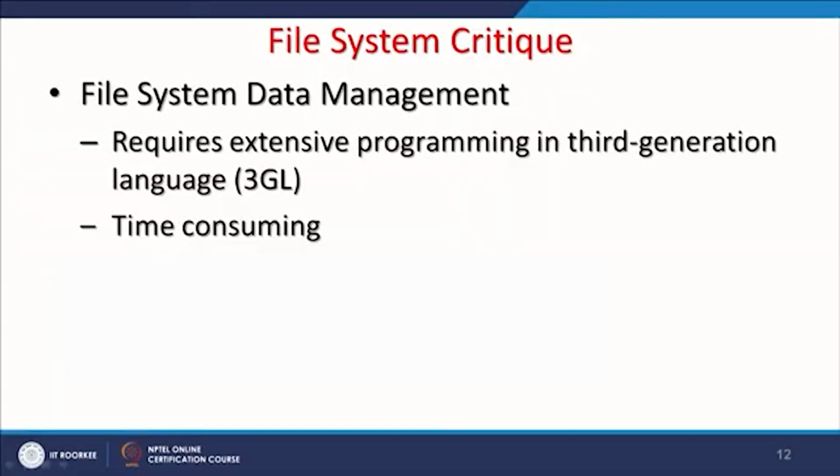Now what are the bad points of a file system? You must have realized that the file system requires extensive programming in a third generation language to access the data and even to make a search or a query. Of course it is time consuming and also makes ad hoc queries impossible, that is, if we are searching for certain things we may not get that information, though that information might be residing in some of the files which are lying in complete isolation.